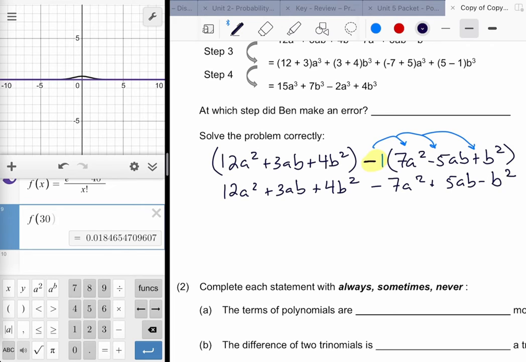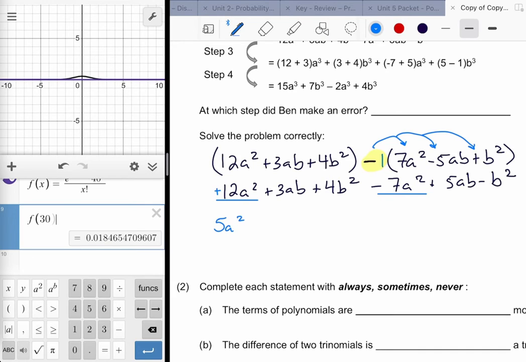So if I have a negative in front of an expression, all I'm doing is taking all the signs of that expression and flipping them, making the positives negatives and the negatives positives. So my like terms, I have an understood positive 12a squared minus 7a squared is 5a squared.